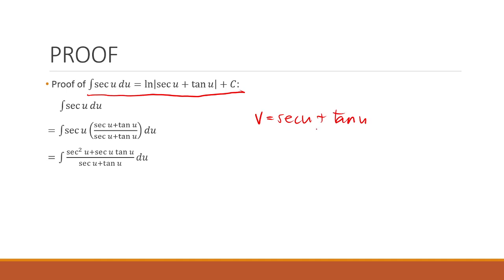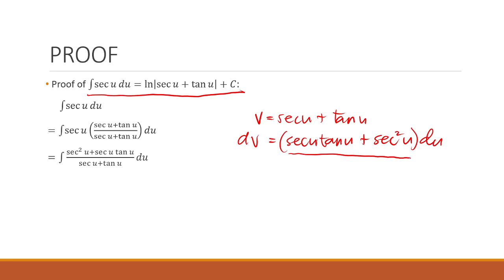Taking its differential, the derivative of secant is the product of secant u and tangent u, plus the derivative of tangent, which is secant squared u. Right? du.